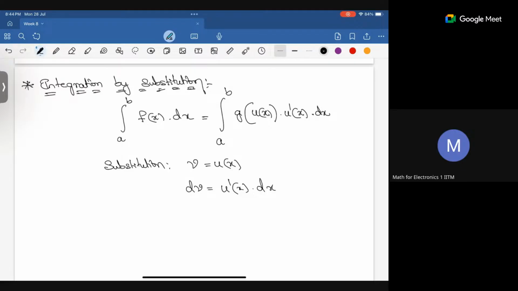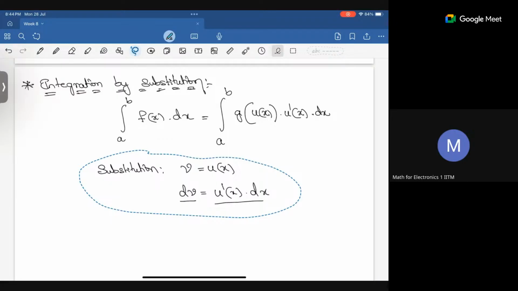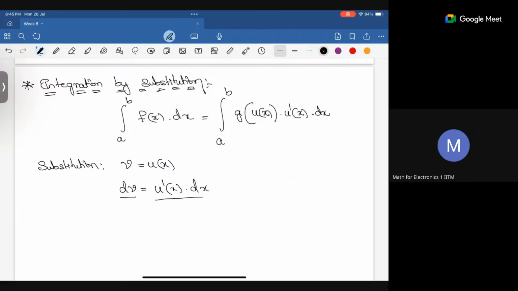So if I take the derivative, I'll have dv to be u prime of x dx, right? So now what happened? This will just boil down to integral a to b g of v, and this u prime of x, you can replace it with dv.